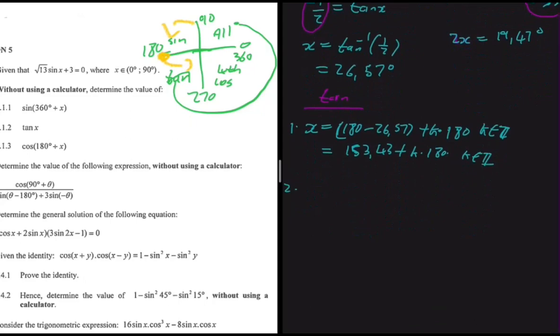And then the second general solution, x is equal to, so where is tan negative? Tan is also negative on the fourth quadrant.